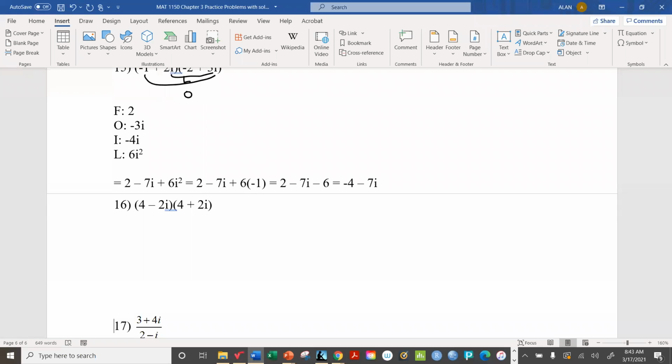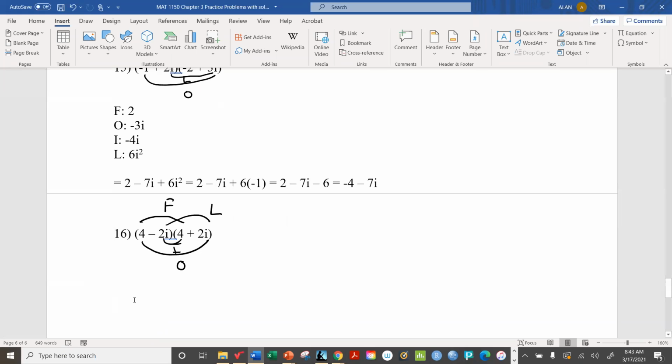We've got F, usual F, O, I, and finally L. So F is 16, O is 8i, I is negative 8i.